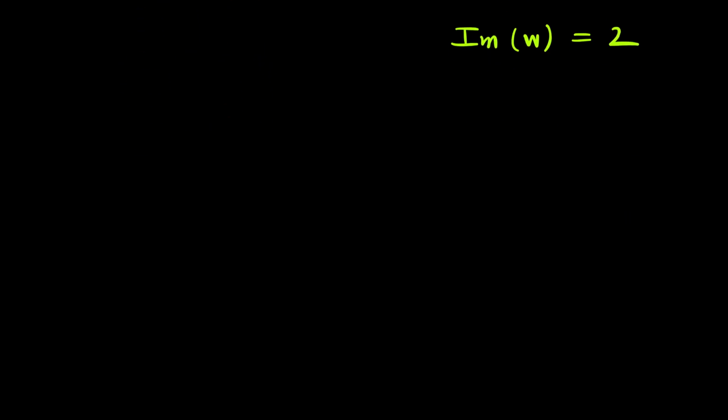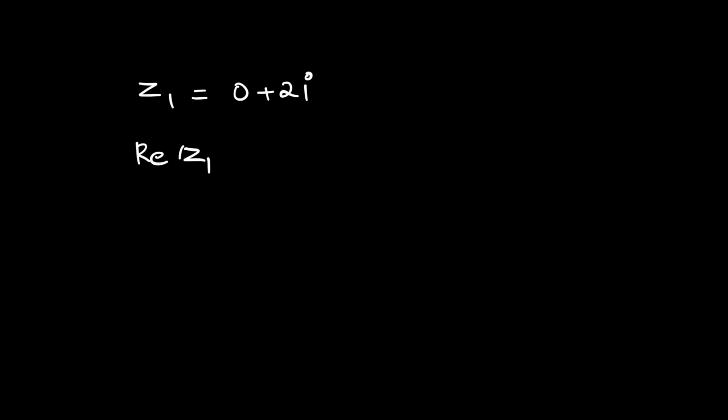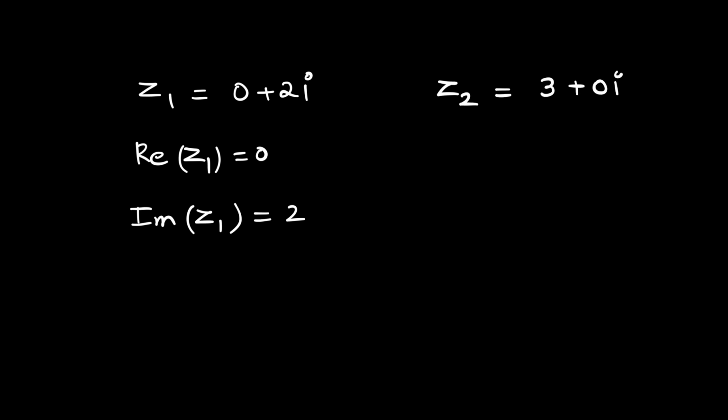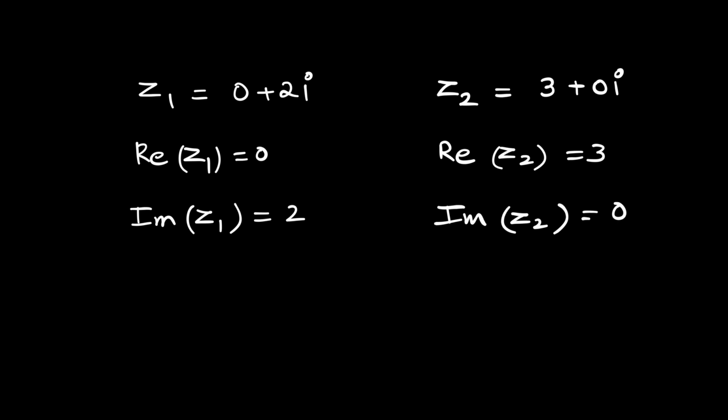What if the complex number z1 is written as 0 plus 2i? The real part of z1 is 0, and the imaginary part is 2. Similarly, if we have another complex number z2, something like 3 plus 0i, the real part of z2 is 3 and the imaginary part of z2 is 0.